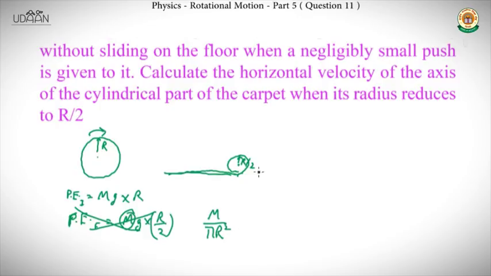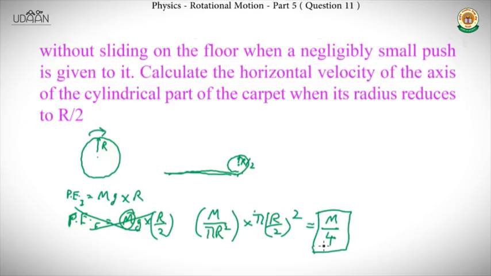Now the final mass will be this mass per unit area into pi (r by 2) square. This will give me final mass as m by 4. So it's not m by 2, it's m by 4. This is the important catch which you need to understand in this problem.